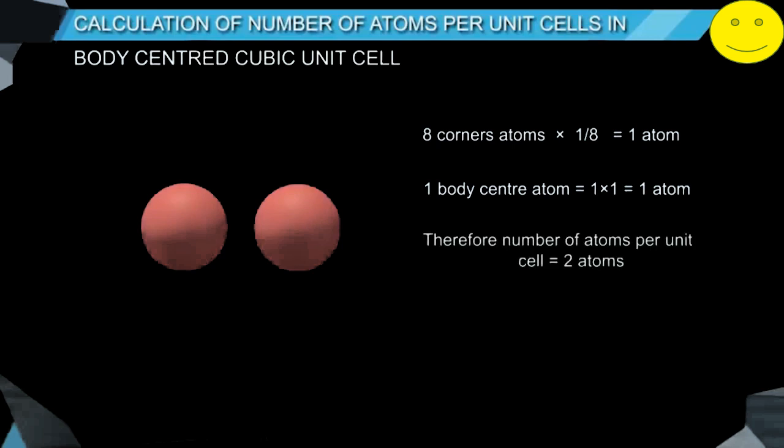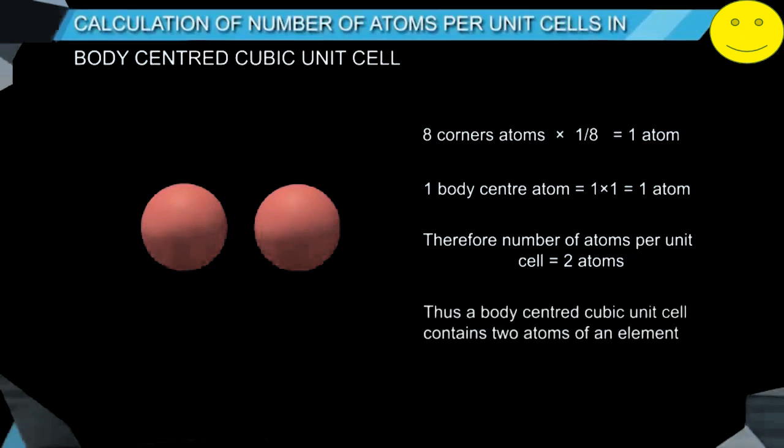Therefore, number of atoms per unit cell equal to 2 atoms. Thus, a body-centered cubic unit cell contains 2 atoms of an element.